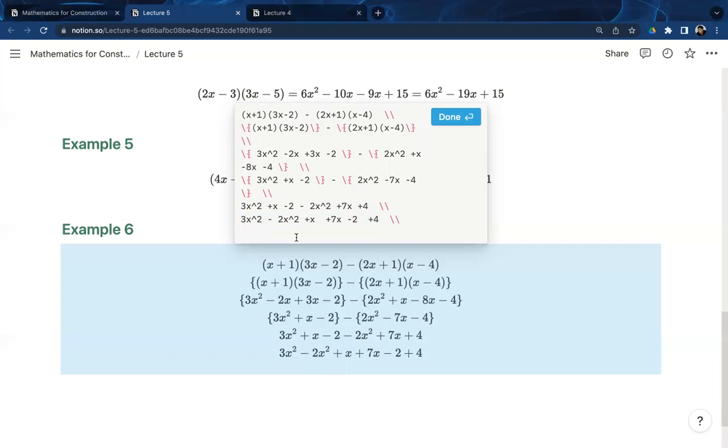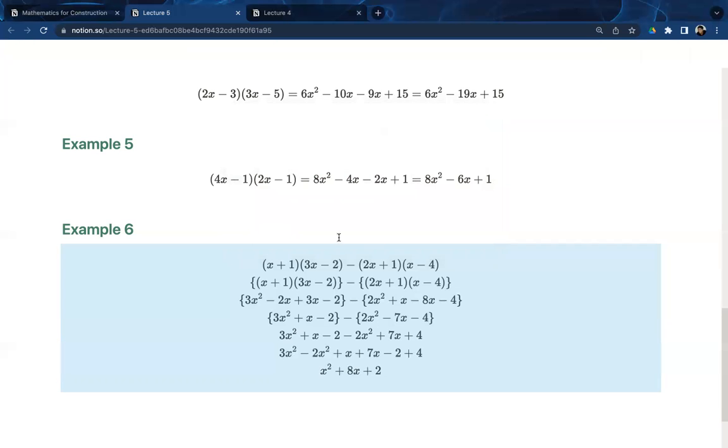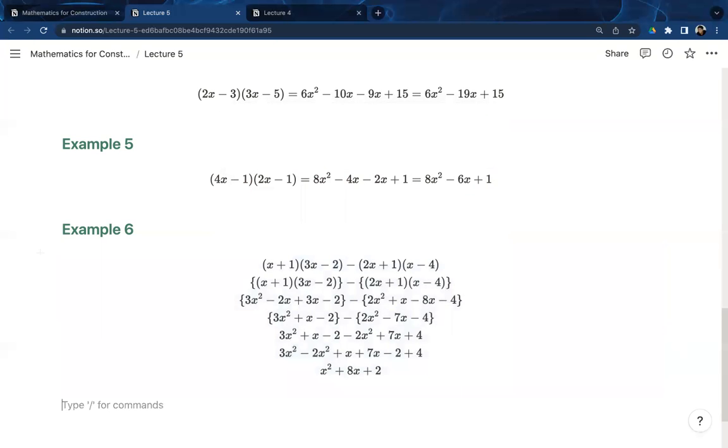And what you'll get: 3 minus 2 is 1x squared. 7 plus 1 is 8x. Minus 2 plus 4 plus 2. So as you see, there's a little bit of working. But take your time. And as usual, negative signs are a cause of problems.